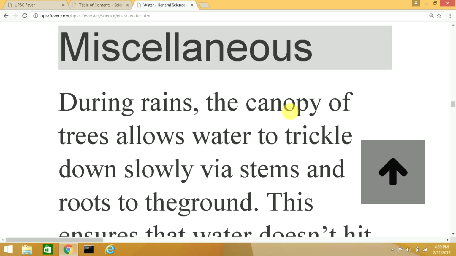But the canopy of trees, which is the leaf surface of the trees, forms a cover over the land, and when rainfall falls on this canopy, it slowly trickles down towards the ground, and so the water is slowed and soil erosion does not take place. Also, the roots of the trees hold the ground and the soil together and also prevent soil erosion.